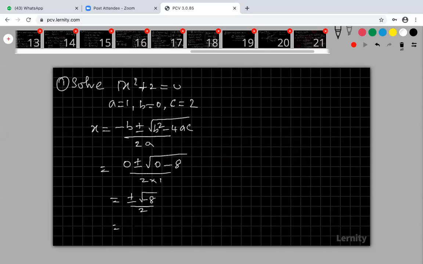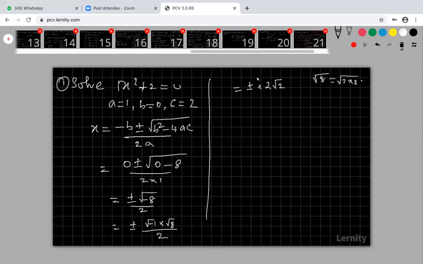Just now I told that root of minus 8 can be written as root of minus 1 into root of 8, divided by 2. This root of minus 1 is nothing but i, and root 8 can be written as 2 root 2. Do you know that? Root 8 is root of 2 into 2 into 2, so the answer is 2 root 2, divided by 2.